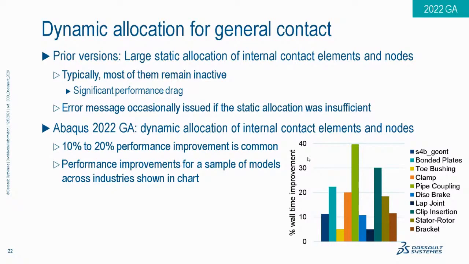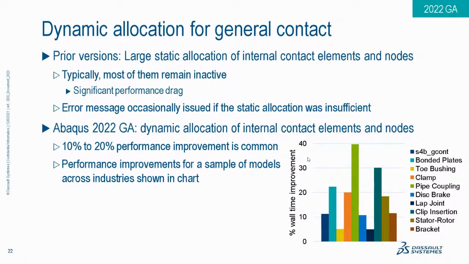And we sometimes, not very often, but occasionally saw error messages where the static allocation was not sufficient. This would be in cases where essentially every element and node in the model was somehow in contact with something else. So we've done a fairly significant project to move from static allocation to dynamic allocation.